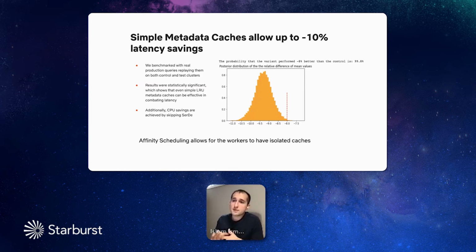Even these simple metadata caches can bring up to 10, 11% latency reduction. They're very easy to implement. The probability that it reduced latency by 8% is very high, more than 99%, and it was a very easy decision to just ship that, right?